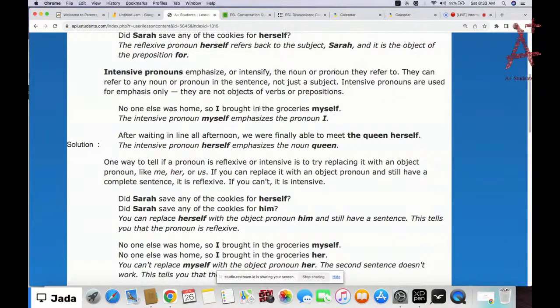Intensive pronouns are used for emphasis only. They are not objects of verbs or prepositions. So they intensify the noun or pronoun they refer to.